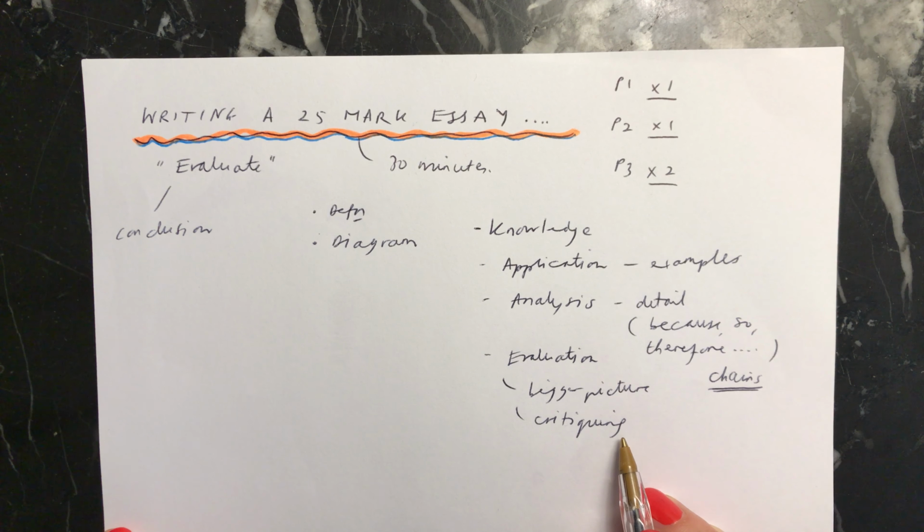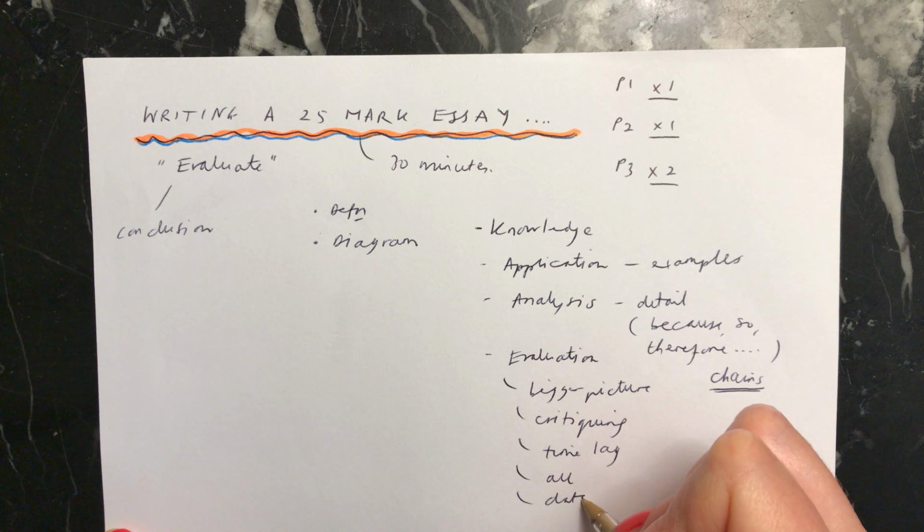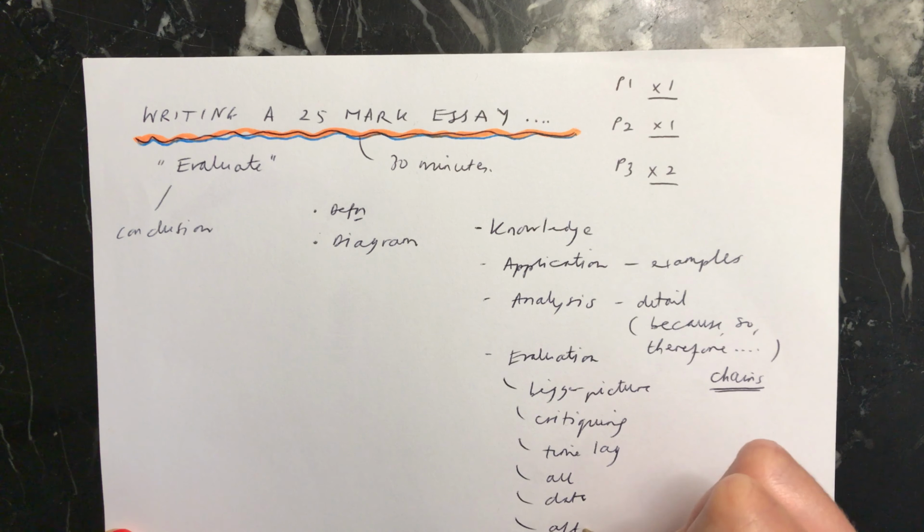Will it happen in that way for all countries? Will it happen in that way for all individuals? Or how long will this thing take? So will there be a time lag? Or will it affect all parties equally? Also, do you need some extra data? Or is there an alternative explanation for what you've said already?